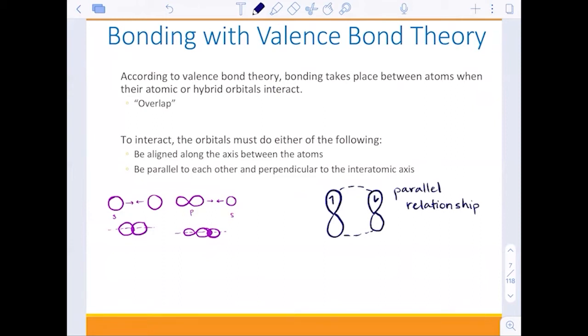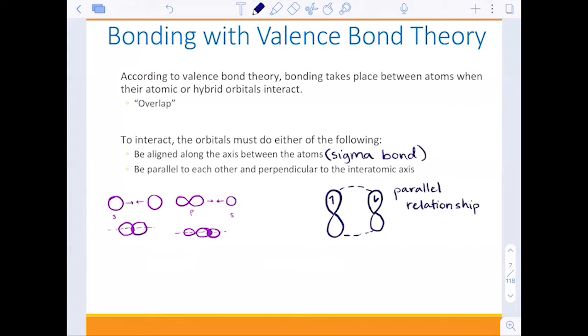So just note there are a couple of different ways that the orbitals can align. These are going to be our two main ways. The one that's aligned along an axis, we'll call that a sigma bond. A sigma bond is always going to be a very strong bond.